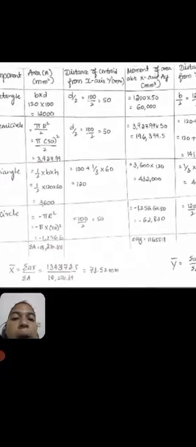Now at last we have to multiply area and x. Next we have to calculate this. What is area? 12,000 into 60 is 720,000.